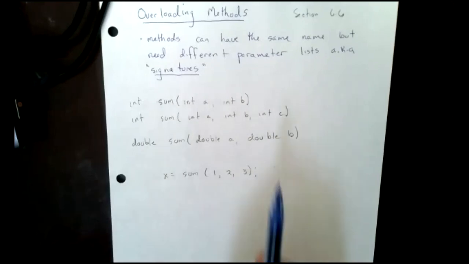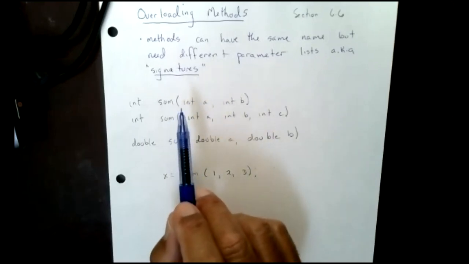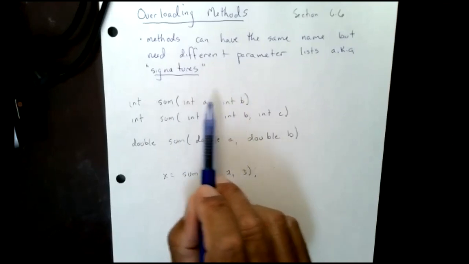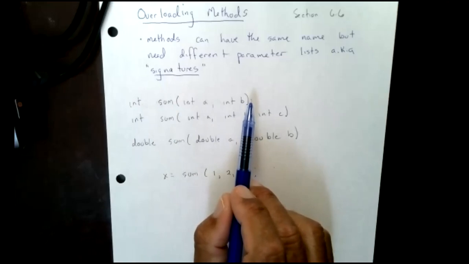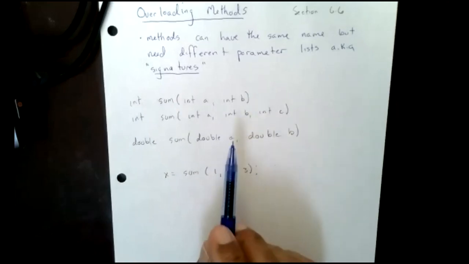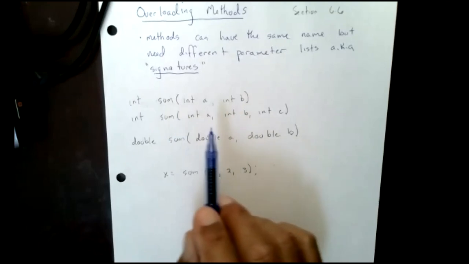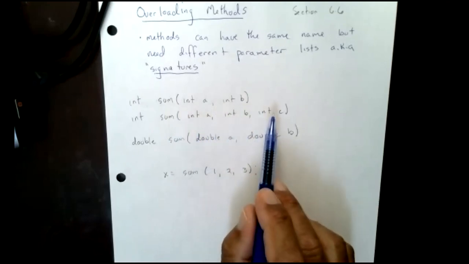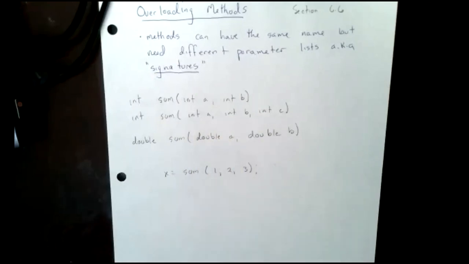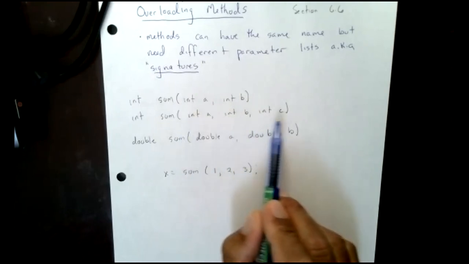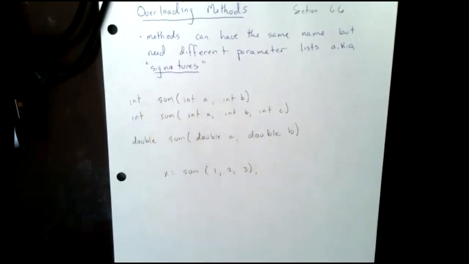For example, if I said num1 equals sum(num2, num3), it would call this one, assuming all three were integers. If I had num1 equals sum of num2, num3, num4, it would call this one. If I had doubles, it would call this one. So here, x equals sum of 1, 2, and 3 calls this one, and it's going to return an integer. It's going to match up by the signatures.